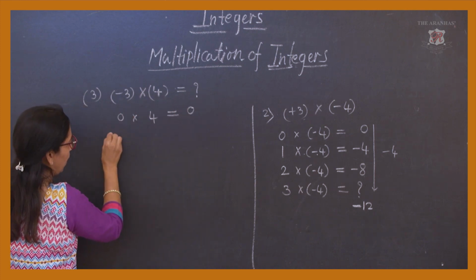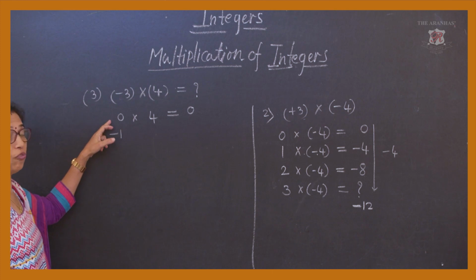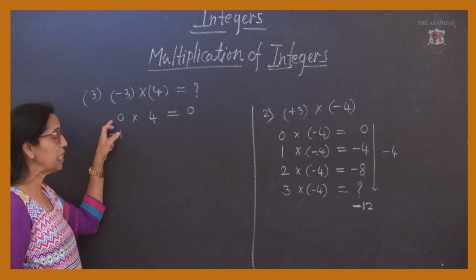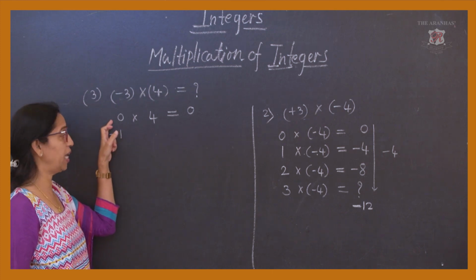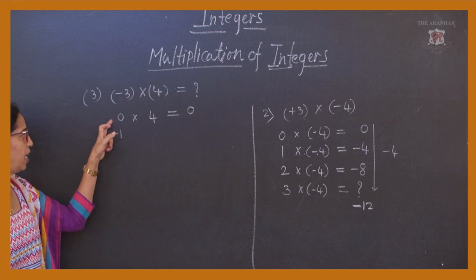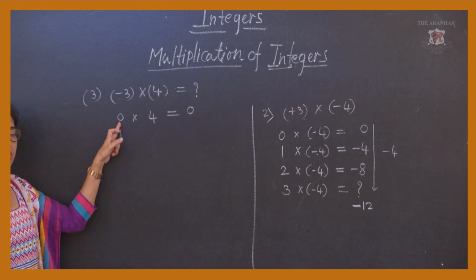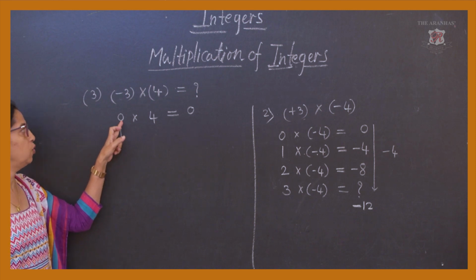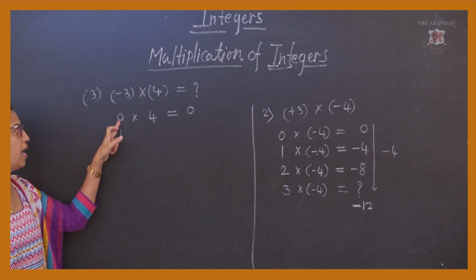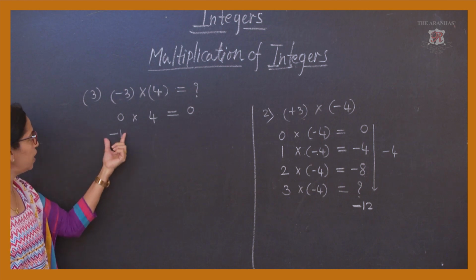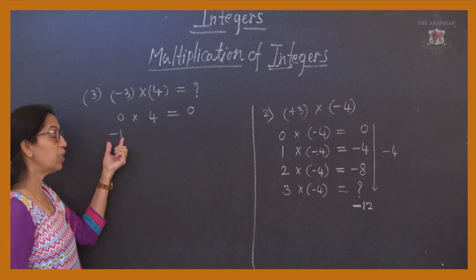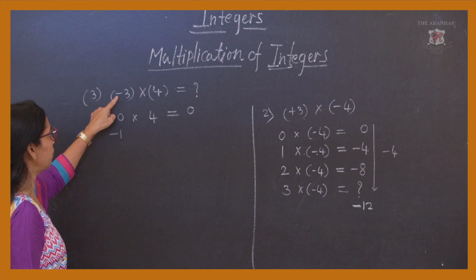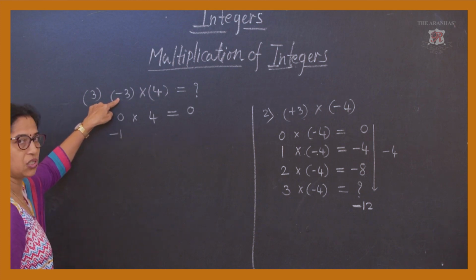Then we'll take -1. We are not putting any sign to 0 because we have seen in the previous lesson that 0 is neither positive nor negative. So this 0 does not carry any sign. Now we'll start here with -1 as we need up to -3.